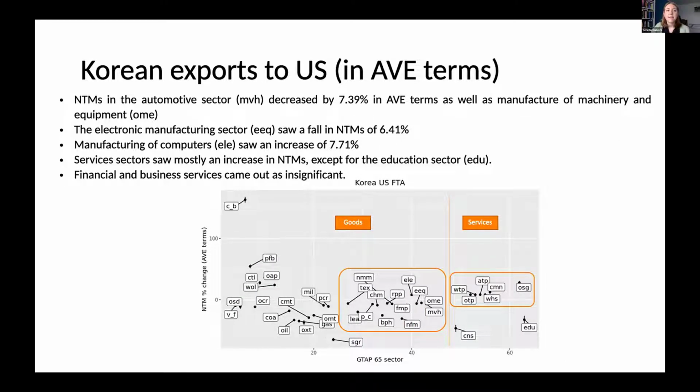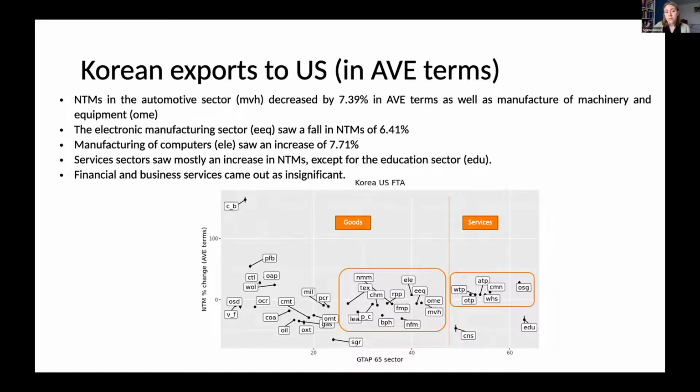And in terms of the NTMs faced by Korean exporters to the US, we can see a similar story in terms of the automotive sector, and also manufacturing and equipment, as well as electronics.